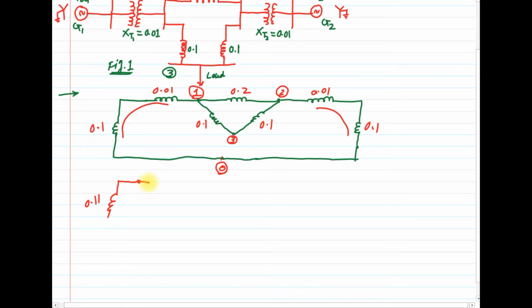Next, bus number 1, transmission line, then bus number 2, again it is the summation of the transformer 2 and generator 2 reactance, both connected in series, so we will add both the reactances. So again it is 0.11.